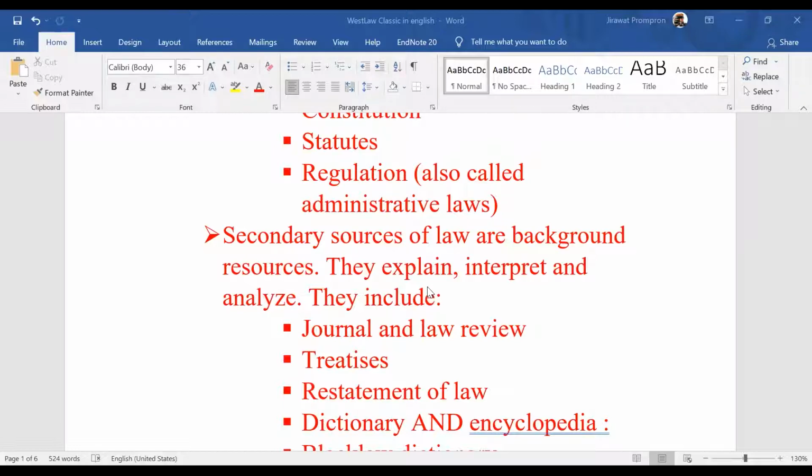So a secondary source is the same as that idea. It expands and interprets what is said in difficult language. I just say it in easy language for you to understand. You have to interpret.